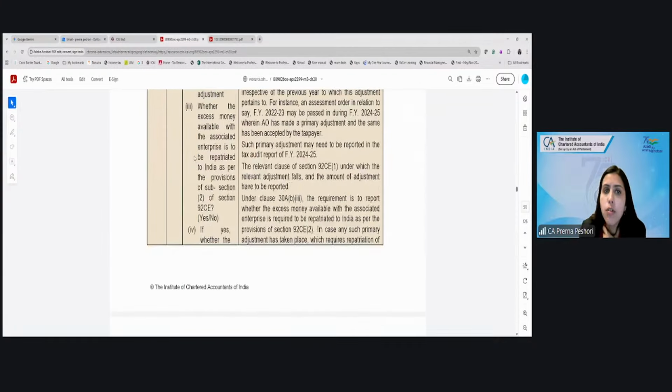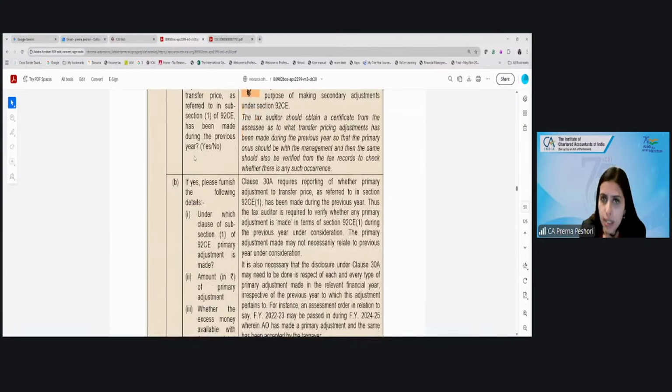Now see, you are going to learn this in detail in the transfer pricing class. Just let me give you a brief idea. Whenever any transaction is there with the associated enterprise, it has to be at the arm's length price. Now if the transaction has not taken place at the arm's length price, then obviously there will be an adjustment made to the total income of the assessee.